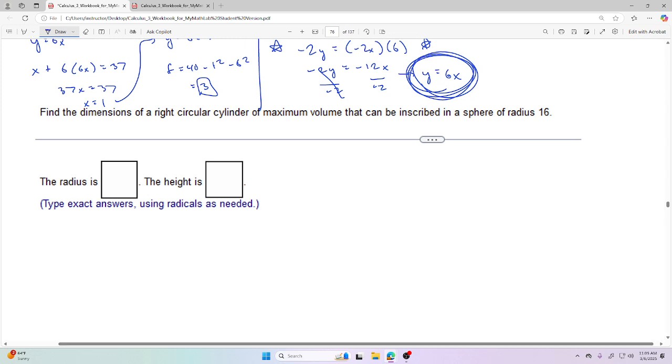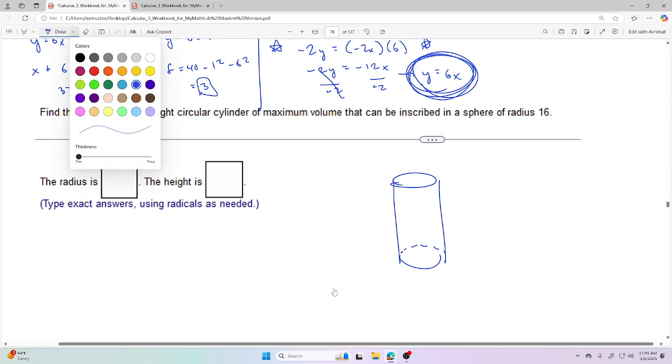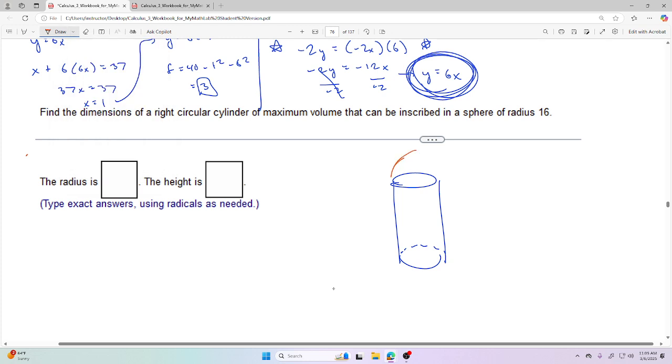Okay. Find the dimensions of a right circular cylinder with maximum volume that can be inscribed in a sphere of radius 16. I think we need to draw a picture. So we have a right circular cylinder. That can be inscribed in a sphere of radius 16. So my sphere is now an ellipsoid.